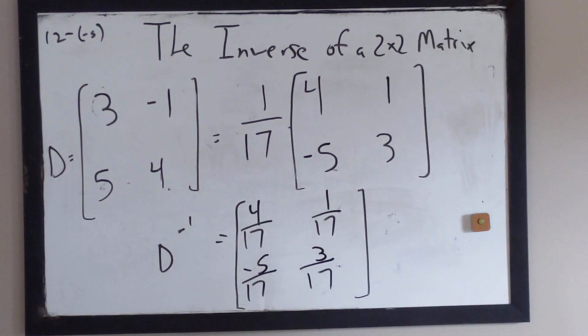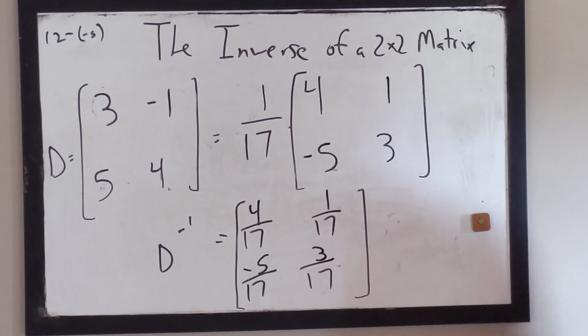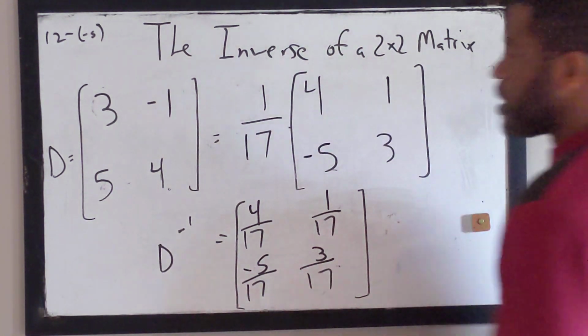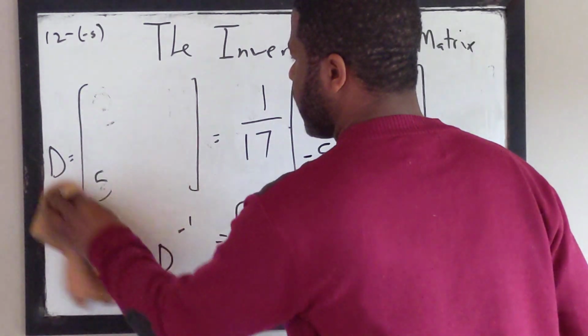That's our inverse. Now this is just the first way to do it. The other ways, I hate to say which one is more difficult because that all depends on who's doing it, but this is the most straightforward way that I have found through so many years of teaching. All right, y'all, now I want us to look at one more example.